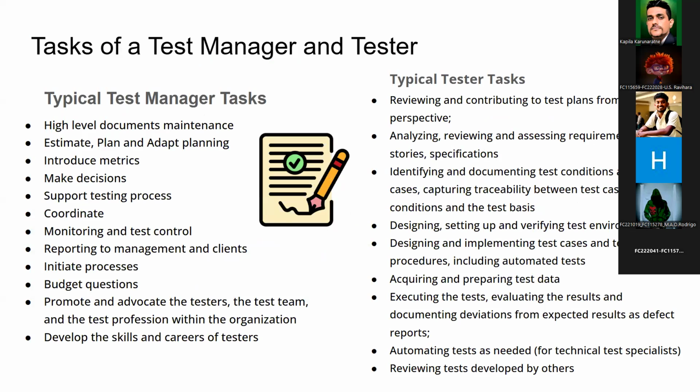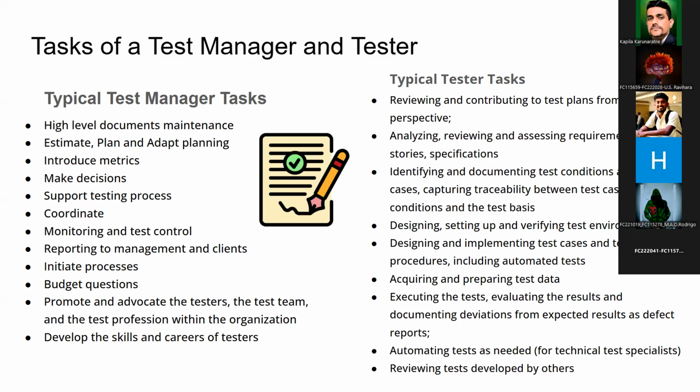Typical R&R: the manager has to do a lot of documentation, estimation, planning, introducing metrics, decision making, supporting the test, implementing the proper testing process and supporting it, coordinating with many stakeholders, monitoring and controlling the application quality, reporting, initiating the process, and especially budget-related activities.